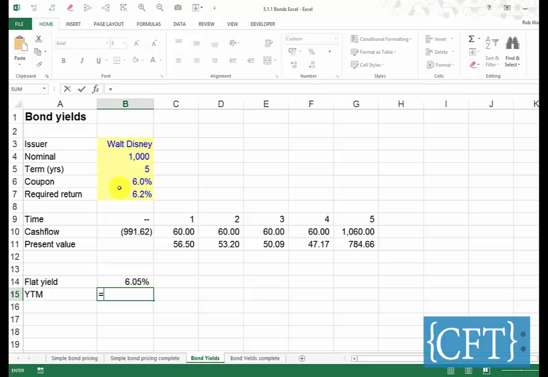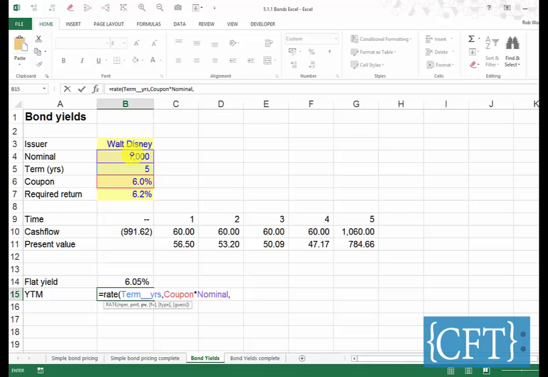So what we're going to use is the rate function already built in within Excel. The number of periods in this case is simply 5. The payment is the regular payment during the life of the bond. So in the case of a bond, that's the coupon. The amount of the coupon, of course, is the coupon rate multiplied by the nominal value.